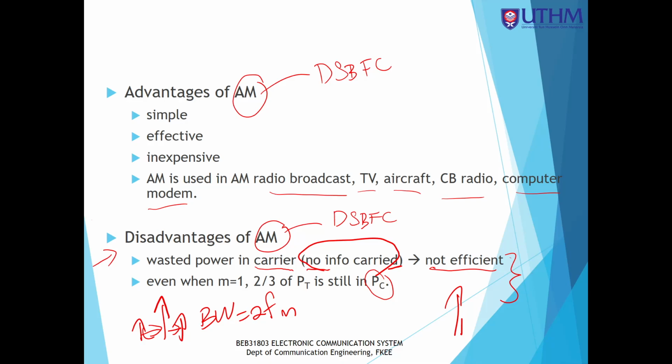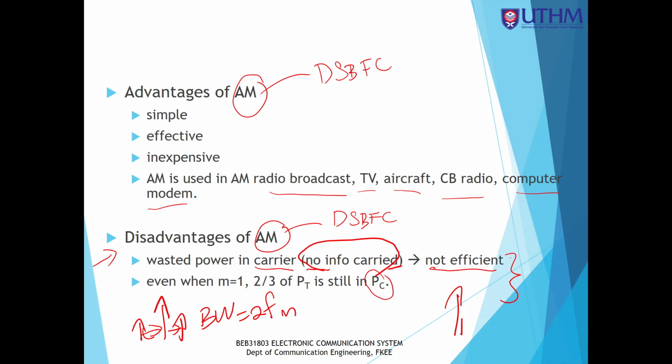So ini you boleh kira. So 0.75 kali 2000, you akan dapat 1500 volt.